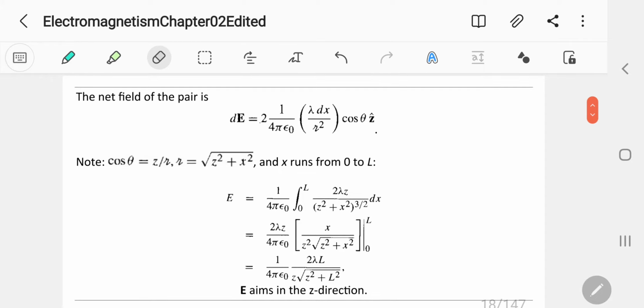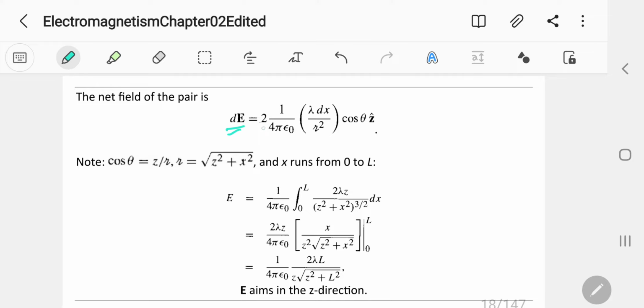So the net electric field of the pair, the electric field would be dE, this one.